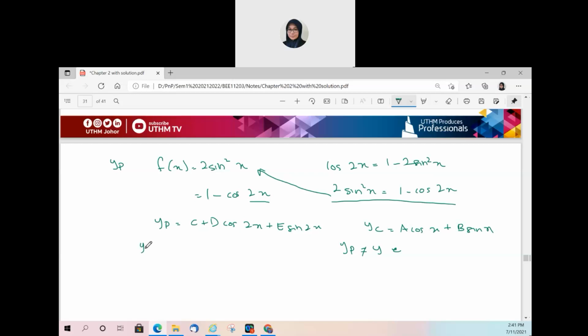Then we have to find YP prime. So YP prime, you differentiate this YP. You differentiate C, you get 0. You differentiate D cos 2x, you dapat? Differentiate cos, you dapat negative sign, betul?